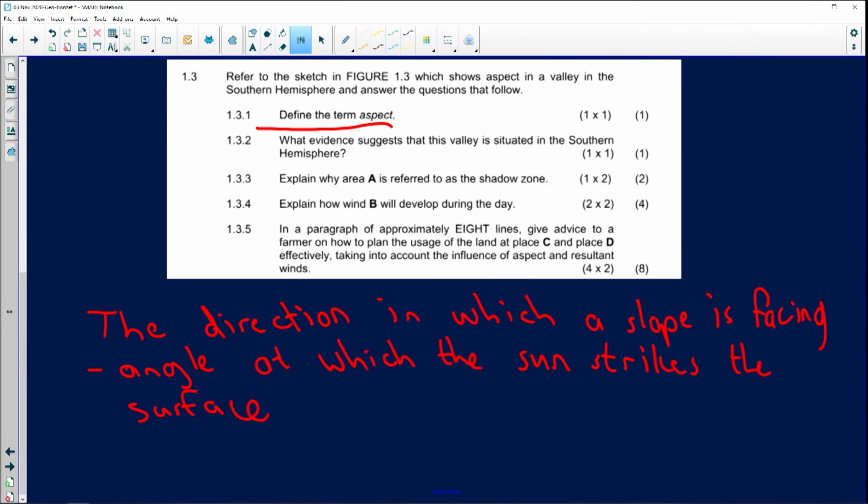Now I'm going to write it down there for question 1.3.2: because the north-facing slope receives direct insolation.